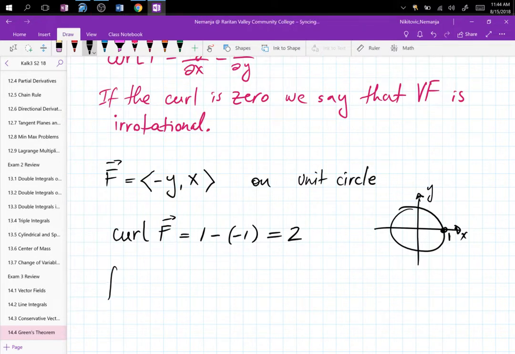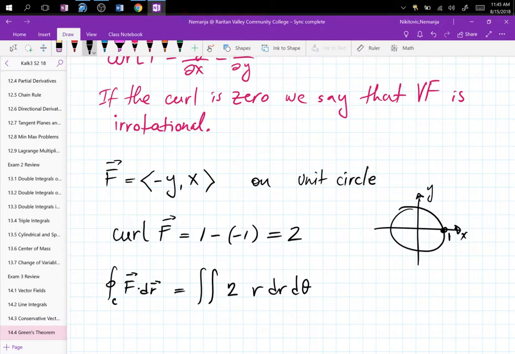So I will say that our integral f dot dr is going to be the double integral of the curl, which is 2, and now I'm going to do this in polar coordinates, so r dr d theta, because it's a circle, so why mess with the trig substitution if I can just do this simply. Radius is from 0 to 1 and 0 to 2 pi.